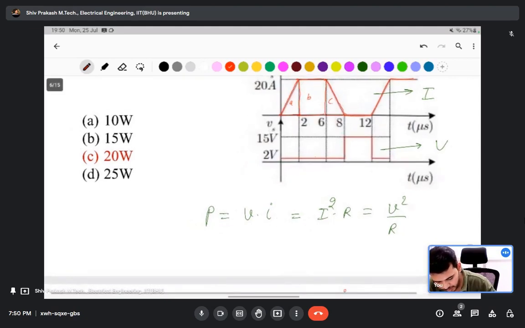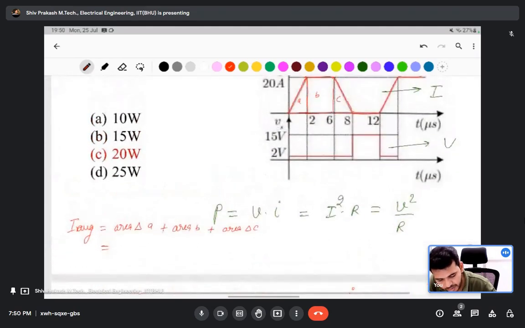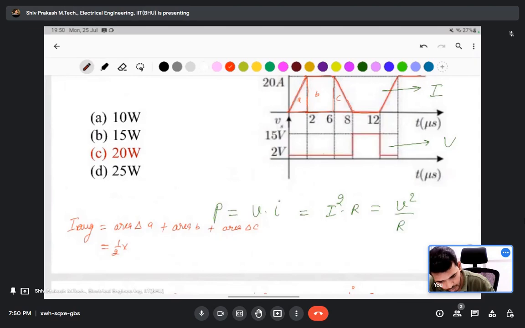Find area of A, which is equal to area of triangle A. Total average: I average is equal to area of triangle A plus area of rectangle B plus area of triangle C. Area of A, you know, is half into height 20 into base 2 microsecond, plus 20 into 4 microsecond, plus same, half into 20 into 2.